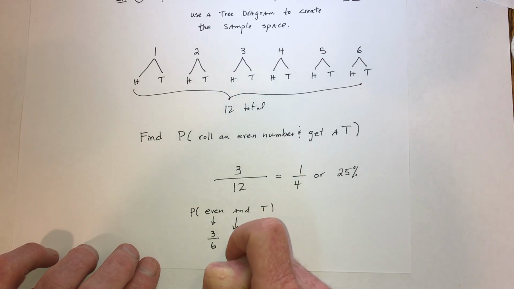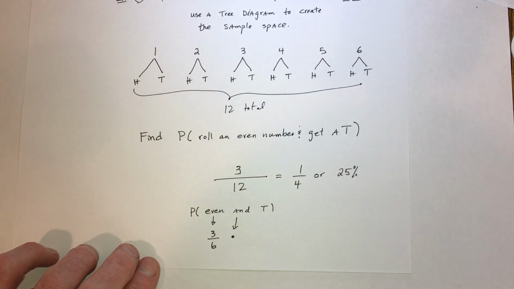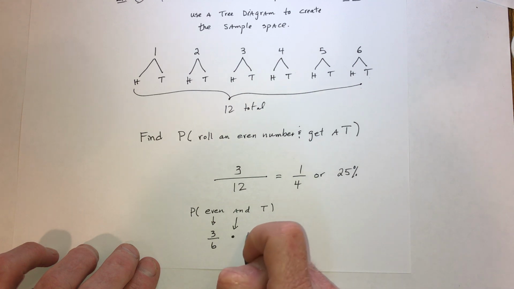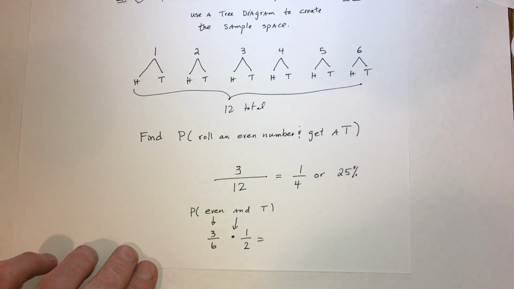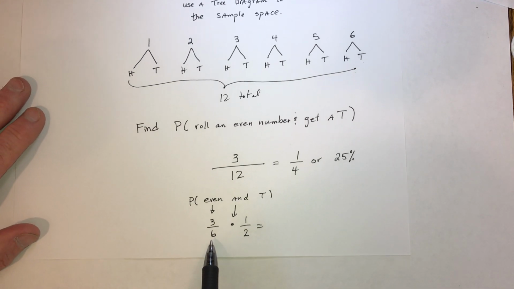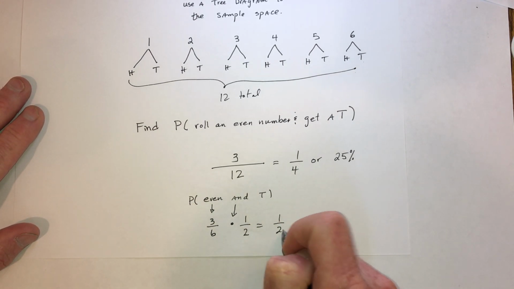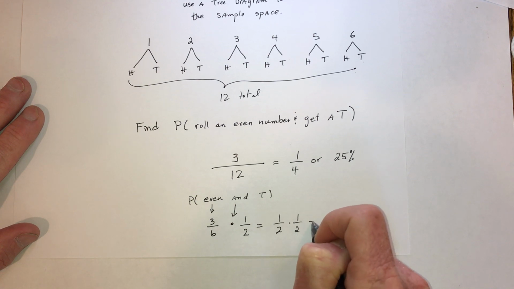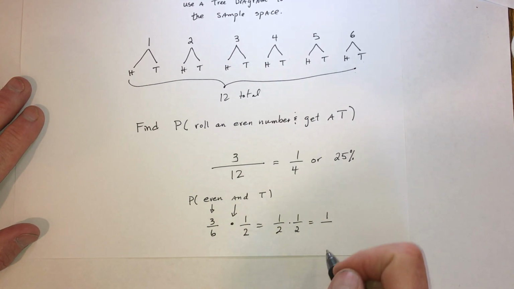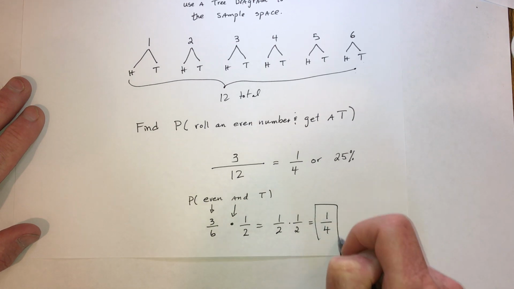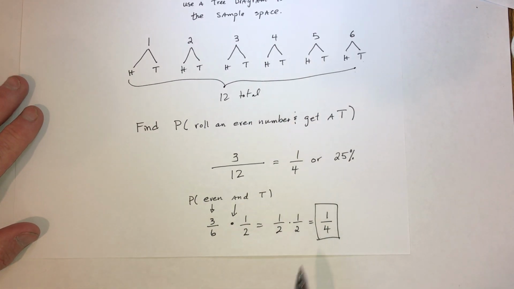The word and turns to multiplication. And then on a coin, how many tails are there? There's 1 out of 2. And then 3 over 6, that reduces to be 1/2. And 1/2 times 1/2, you multiply on the top, that's 1. You multiply on the bottom, that's 4. So there's a second way to get the same answer.